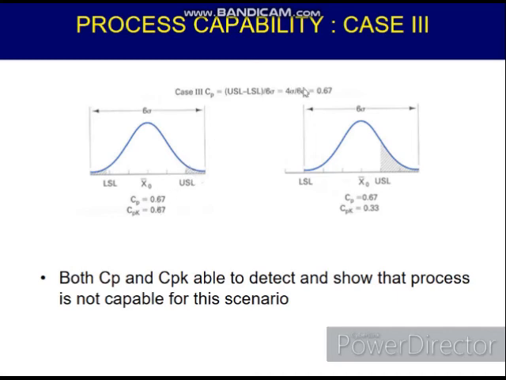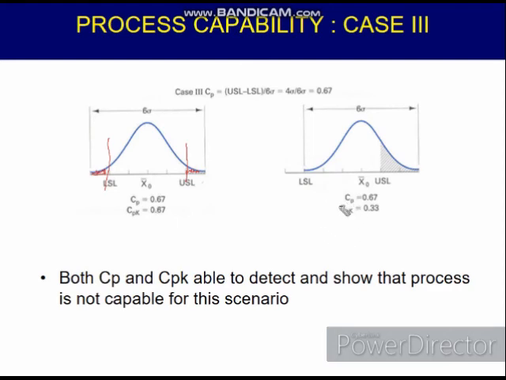You can see the line for the upper spec limit, and this is also the line for the lower spec limit. Whatever is produced beyond those spec limits is out of spec parts and needs to be rejected. So for this particular case, the process is not capable.